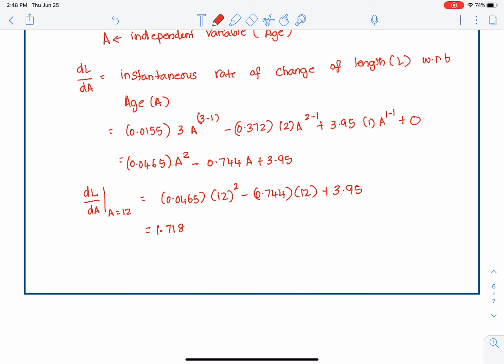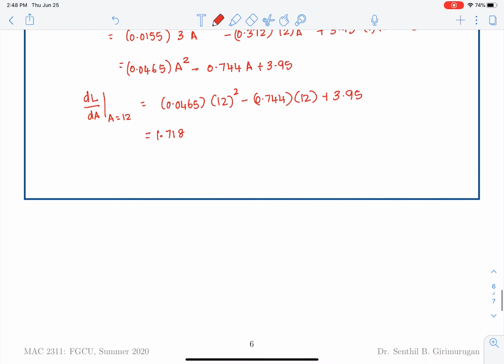So how would we interpret the answer? We know that dl over dA is simply the rate of change of the length with respect to age.